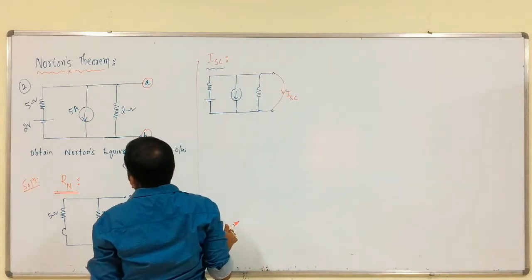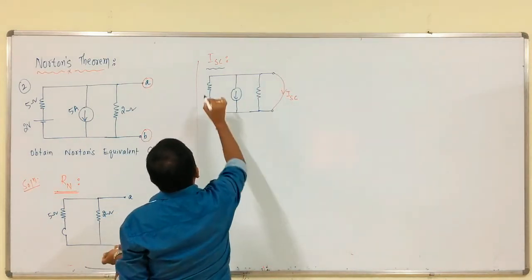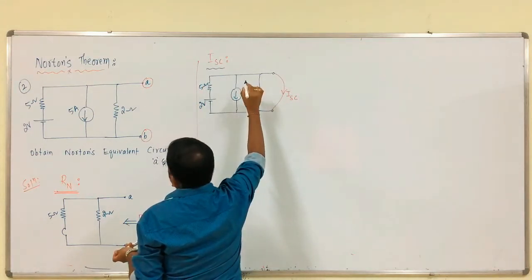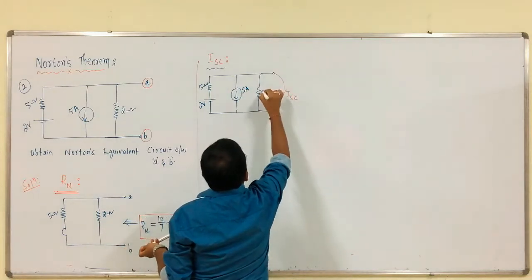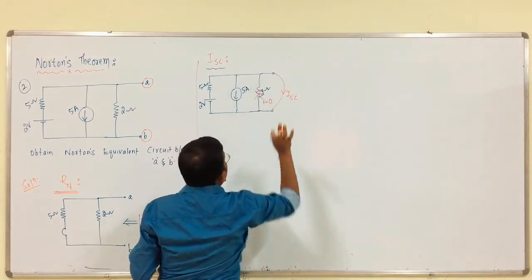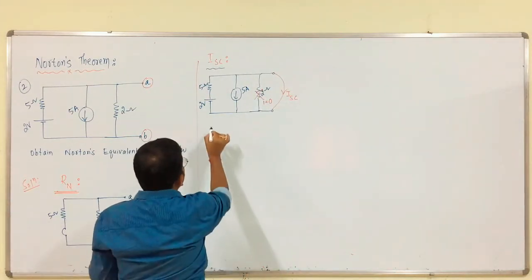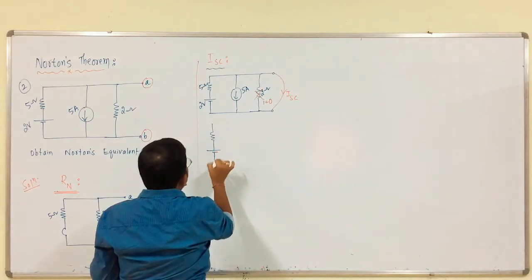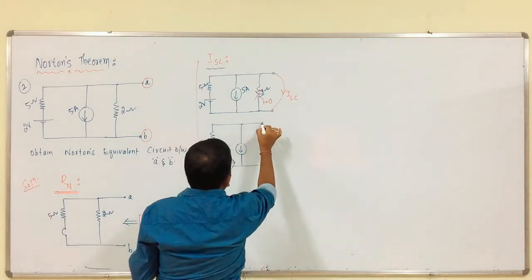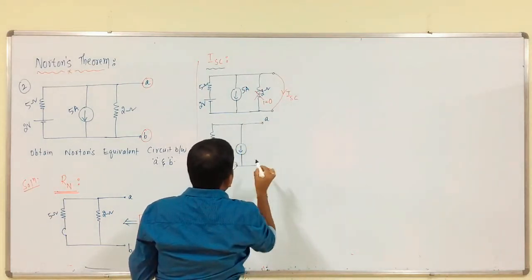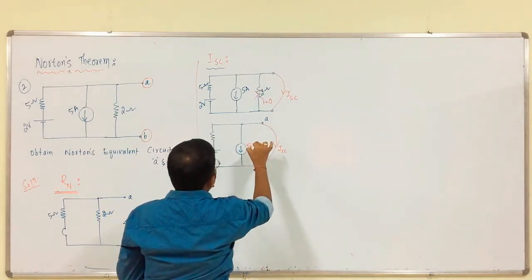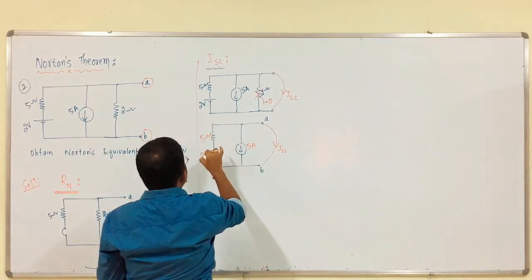This is 5, 2, 5, this is IS. There is no current through this branch because it is short circuited, clear. Then the circuit becomes this: this is A, this is B, this is ISC. This is 5, this is 5, this is 2.